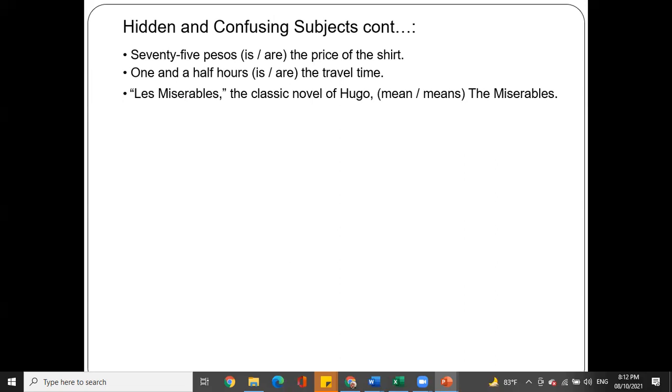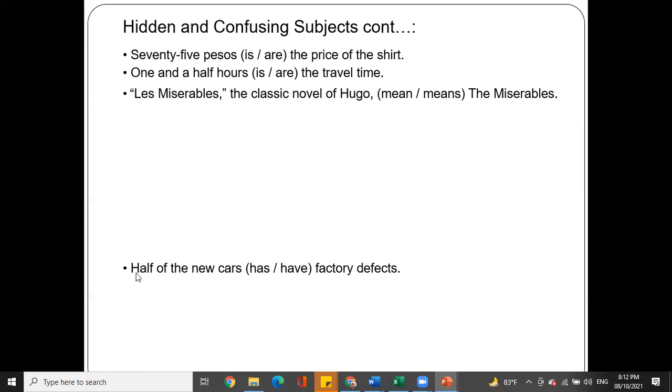It refers to just the novel, guys. So Les Miserables, the classic novel of Hugo, means the miserables. Half of the new cars have factory defects.